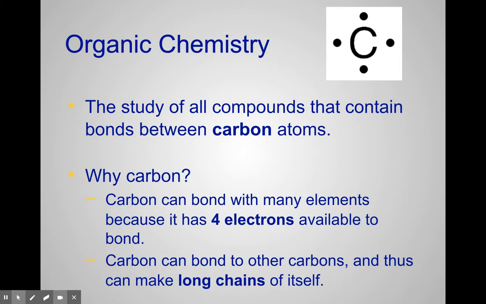Carbon has a total of 6 electrons. So there's 2 that fill up that first level, and then we have 4 left over in the outer level, meaning we can take 4 more on to balance that out. So carbon has 4 electrons available to bond. Carbon can bond to other carbons and thus make long chains of itself.